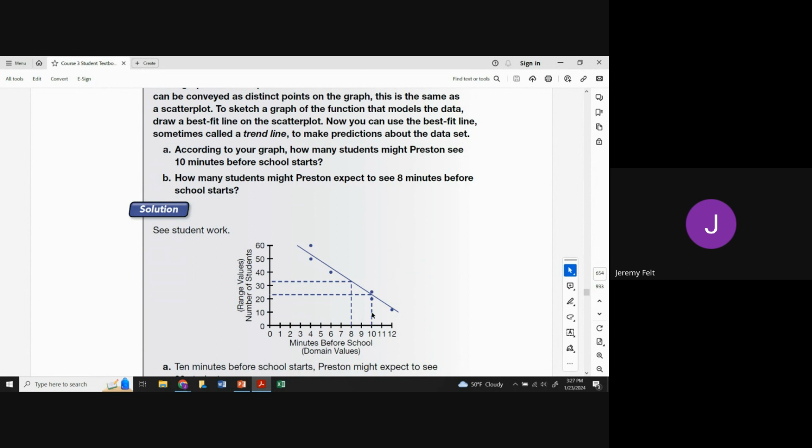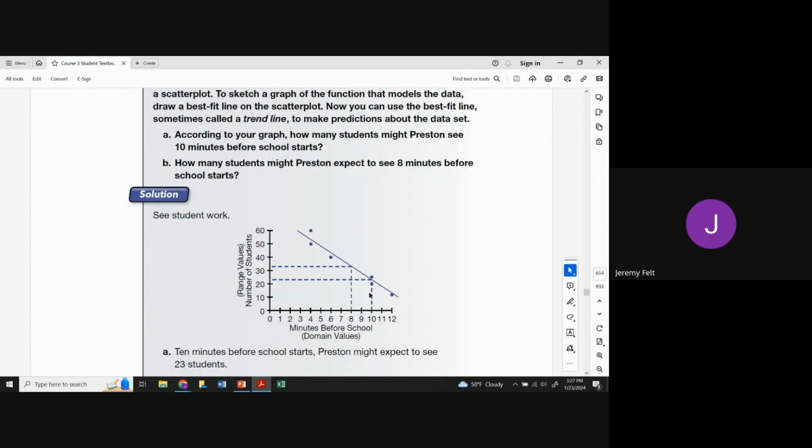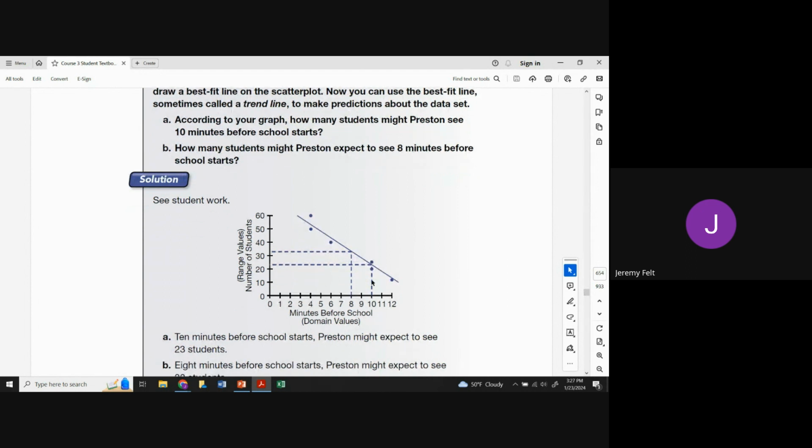The line of best fit will best represent this. Looking at these points, it would be linear, and our slope would be negative because it's going down from left to right. So at 10, we could predict about 21, 22, maybe 23 students, depending on the line of best fit.